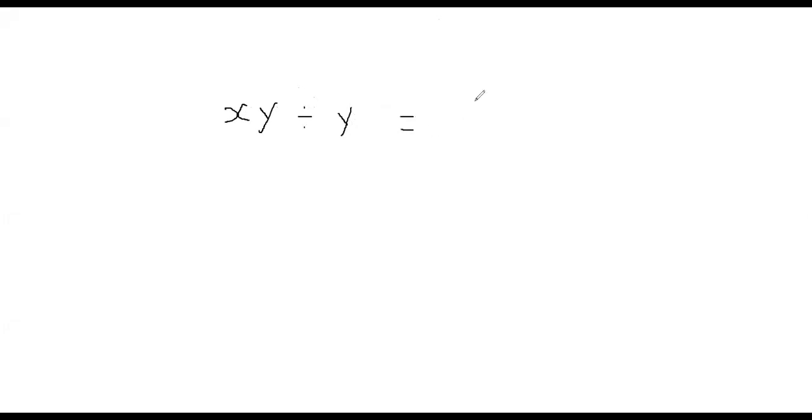We could also represent this as xy upon y. If you see two same terms or two same variables dividing each other, you can cancel them. So we have a y here and a y here, and the result will be whoever is left. In this case, our answer is x. Very, very simple. Nothing to worry about.